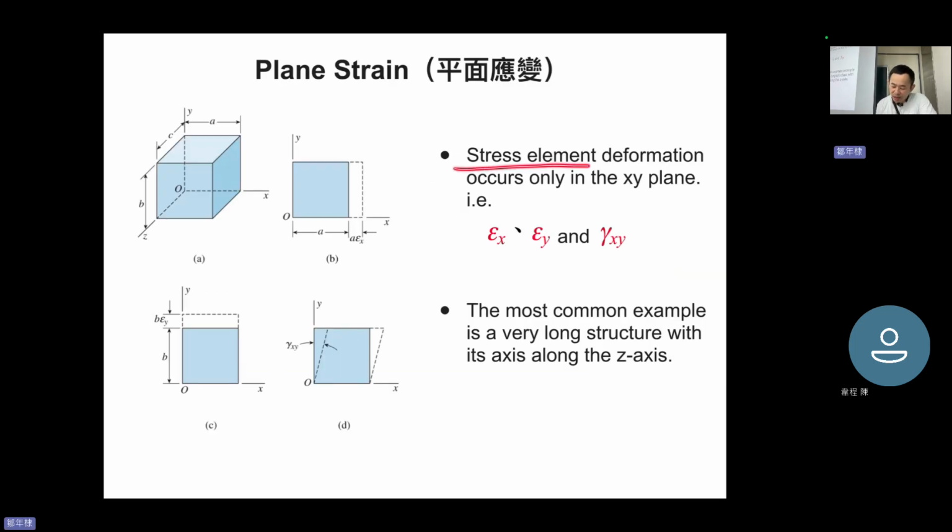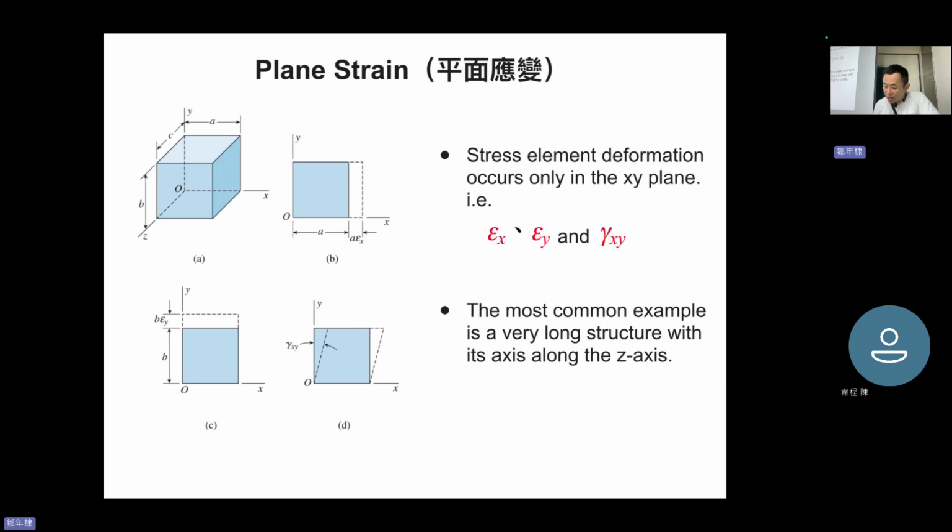The deformation of the element occurs only in the XY plane: epsilon x, epsilon y, gamma xy. In the previous plane stress case, it was sigma x, sigma y, tau xy. The only difference is that now you focus on strain. No Z component strain.